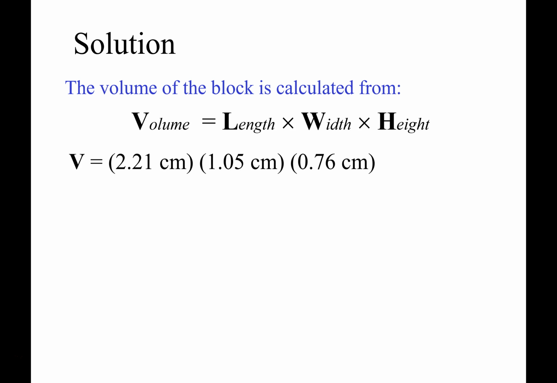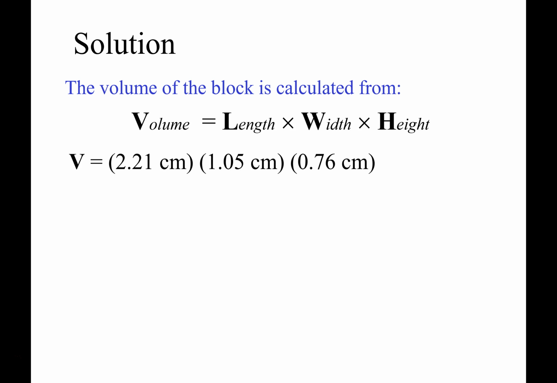So on that volume, how would I round? Use your fingers again. How many sig figs would I likely have for the volume? Fingers? 2. I'm seeing lots of 2. Yep, only 2.